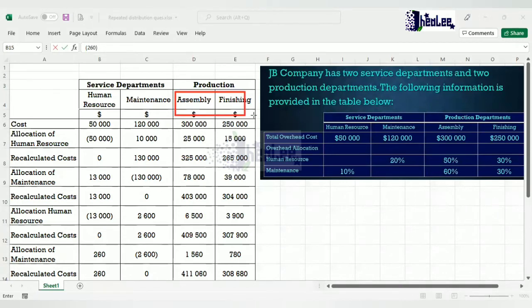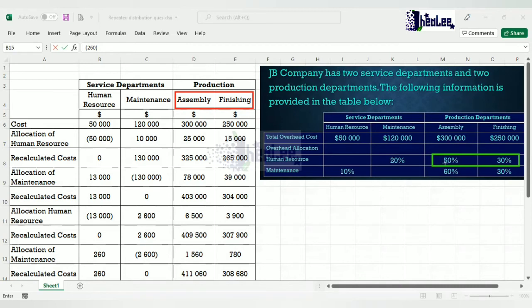between the assembly department and the finishing department, we have to go over to our question, and we have to reassemble the portion that is to be shared. Now, we are sharing the human resource, and we have to reallocate.